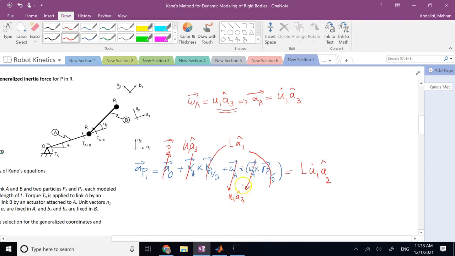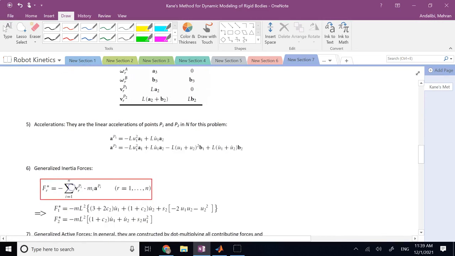And the next term is going to be negative magnitude omega squared times R. So it's going to be negative L, U1 dot squared in the direction of A1. So this is the acceleration of particle P. It has two terms. We have this tangential acceleration and we have the centripetal acceleration, right? So we have one term here toward the center and we have one term here, correct? And we know all of this from dynamics, correct? And that's what you can see here.